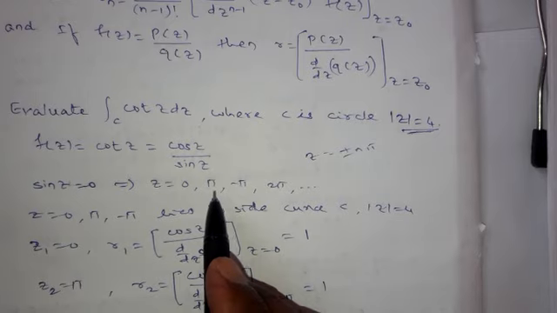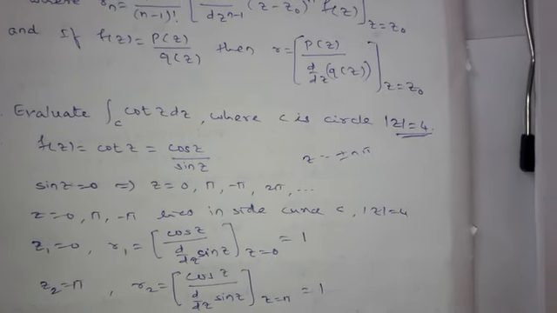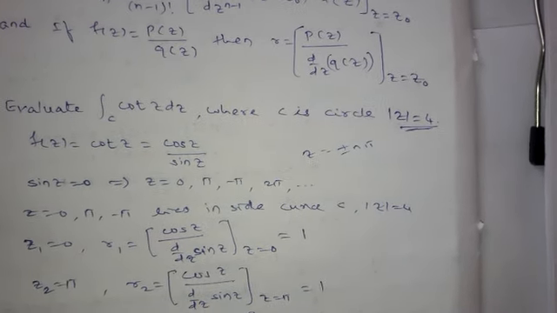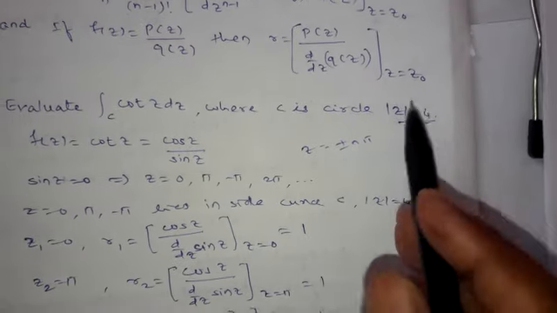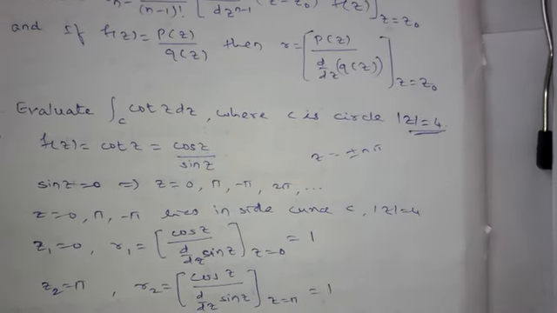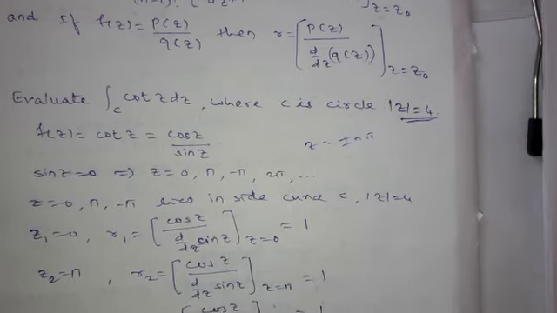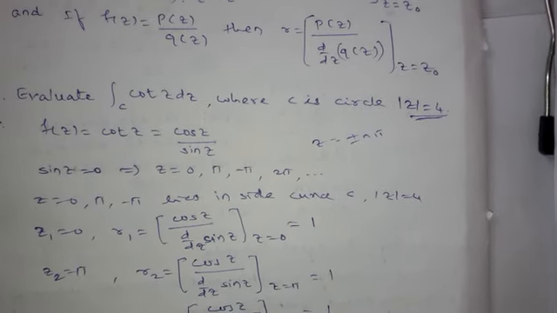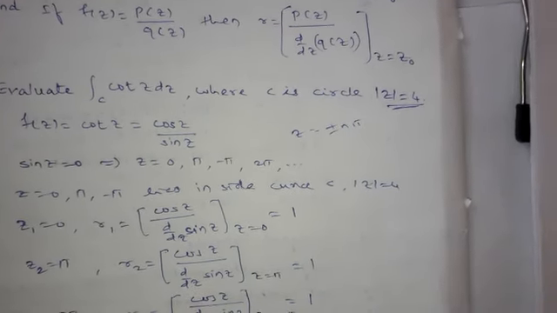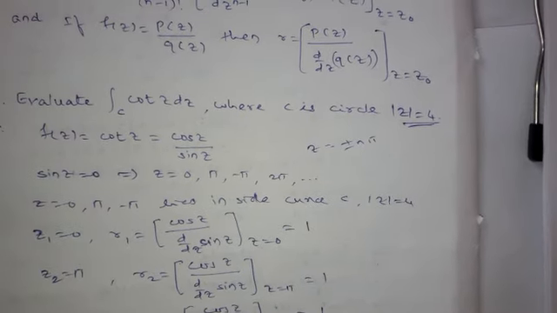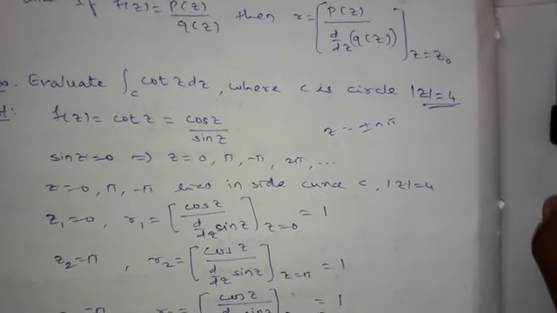We know pi is 3.14 something, so 2 pi becomes outside the curve. We have to concentrate only within the curve. For points on the boundary or outside, by Cauchy's theorem the integral is 0, so we don't have to worry about it.